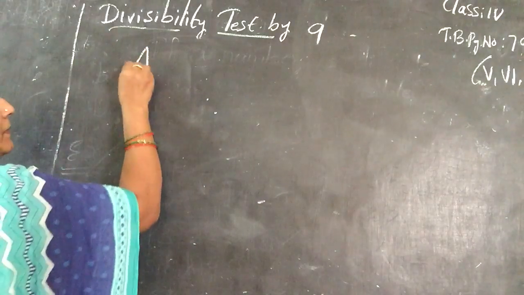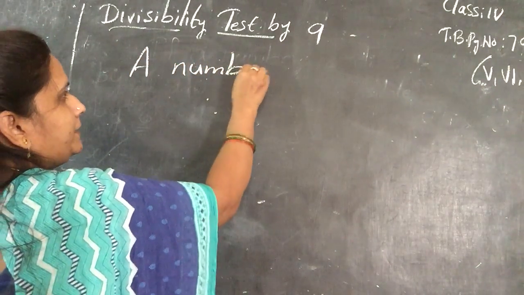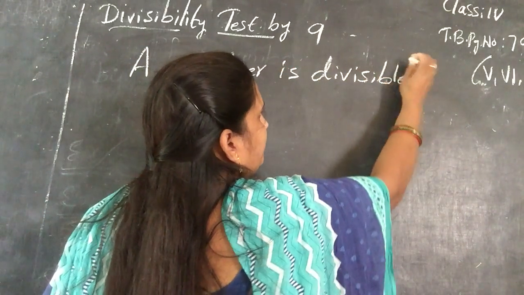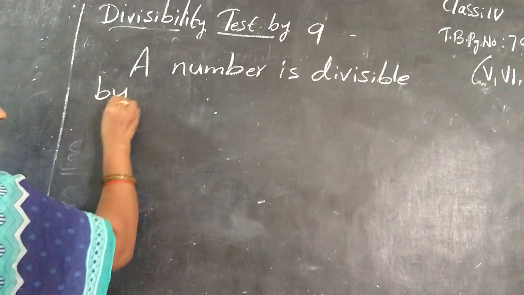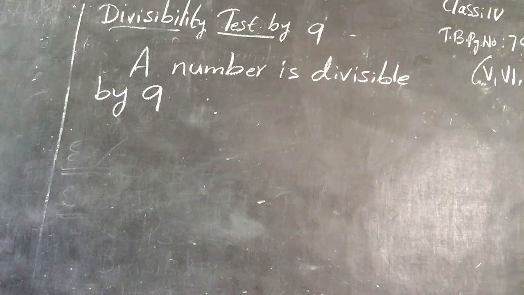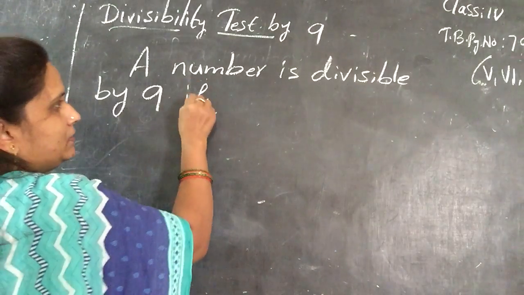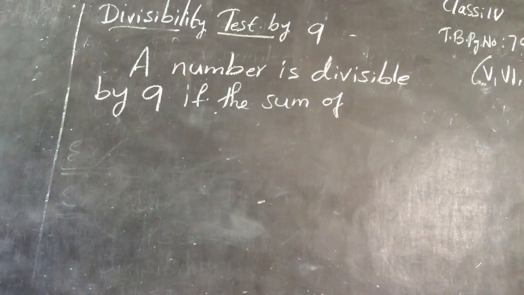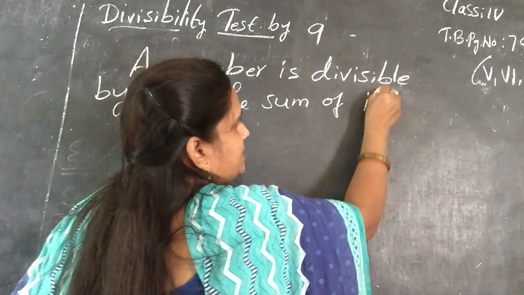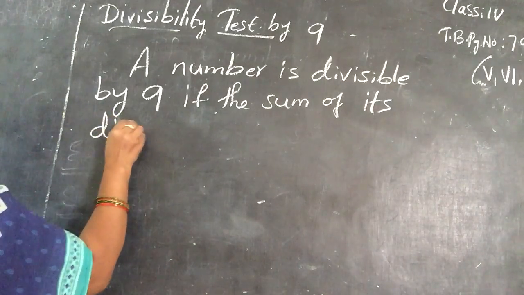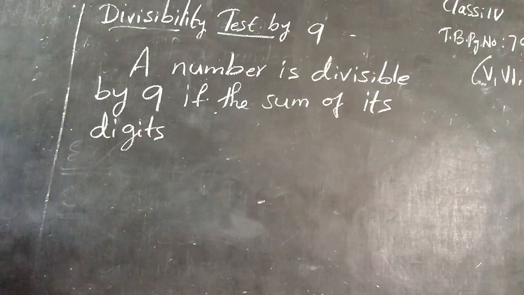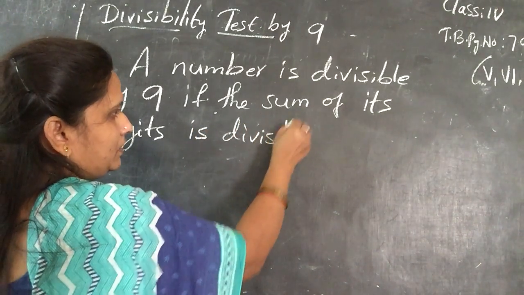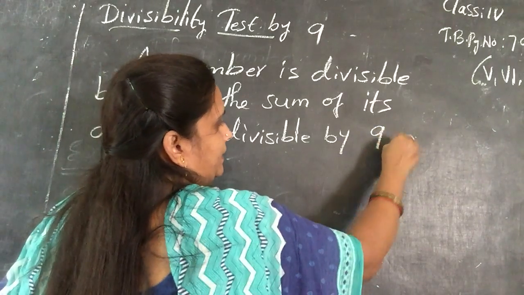Write down the definition. A number is divisible by 9 if the sum of its digits is divisible by 9.